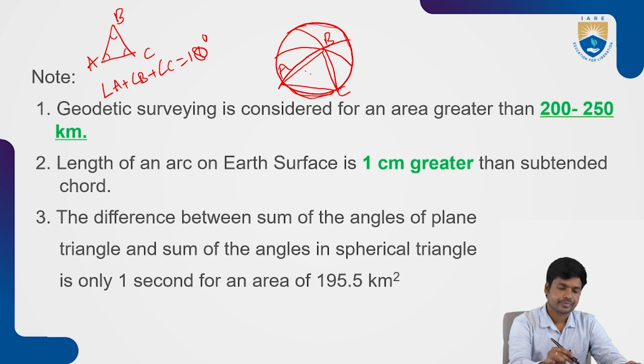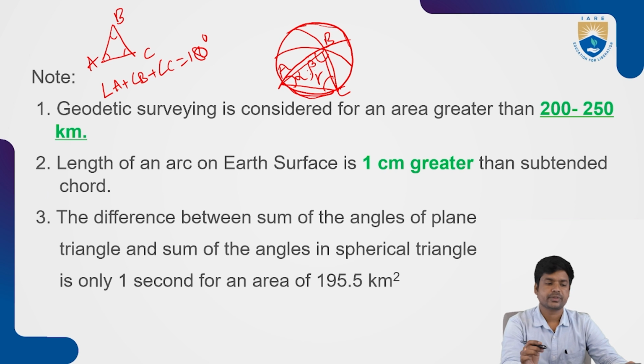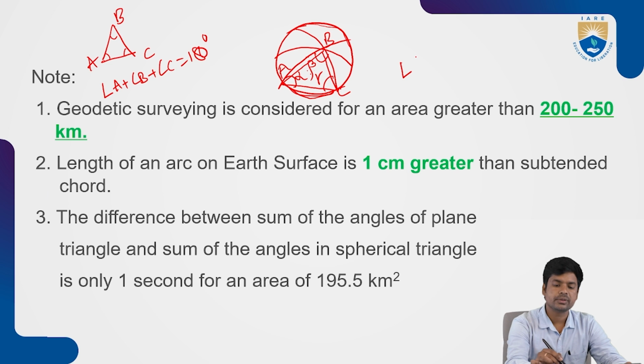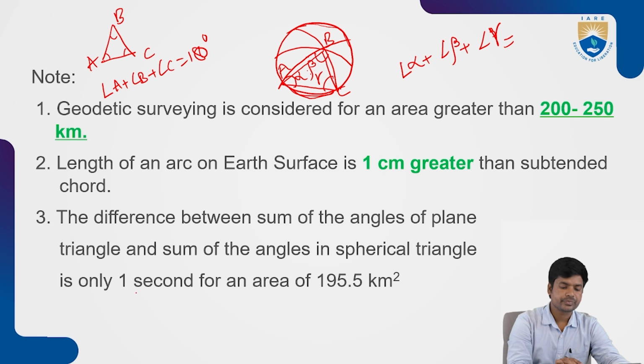Now consider the angles of the spherical triangle sides: assume them as alpha, beta, and gamma. If you check the sum of the angles of the spherical triangle, angle alpha plus angle beta plus angle gamma, that is more than 180 degrees by 1 second.